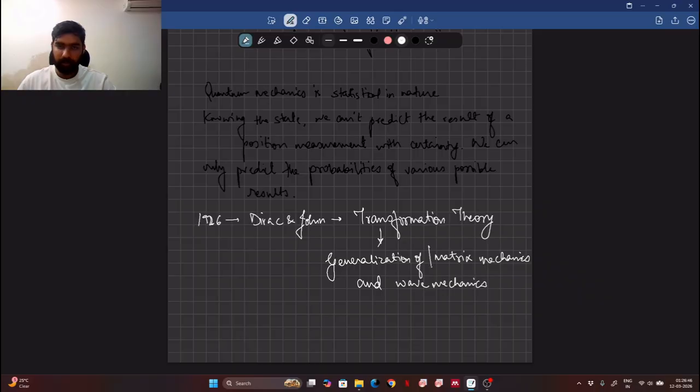Matrix mechanics was given by Heisenberg, wave mechanics was given by Schrodinger, and the generalization of both theories is called the transformation theory, which was given by Dirac and Jordan.